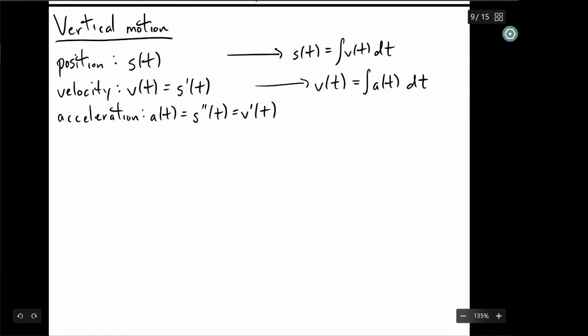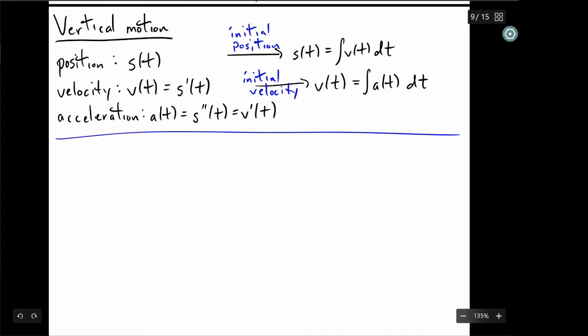So if we have an initial velocity, then there's no arbitrary constant. If we have an initial position, then there's no arbitrary constant here either, right?